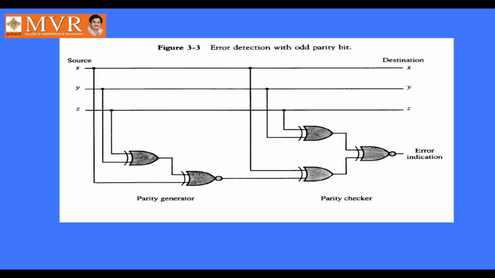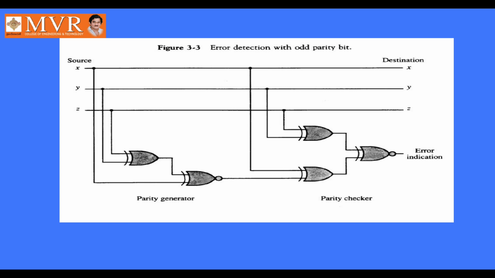If the 4 bits at the destination end do not follow the odd parity, meaning there is an even number of ones, you can easily say that there is an error, because you know very well that you are following the odd parity method while transmitting the data. This is the way an error is generated and checked with the help of the odd parity bit method. Same circuit for even parity also.